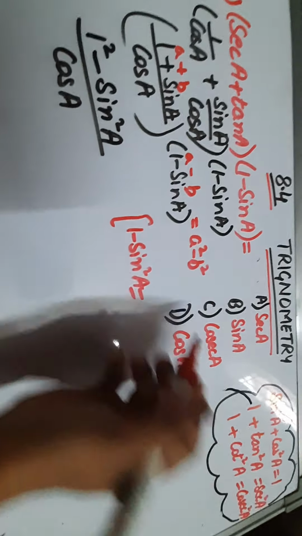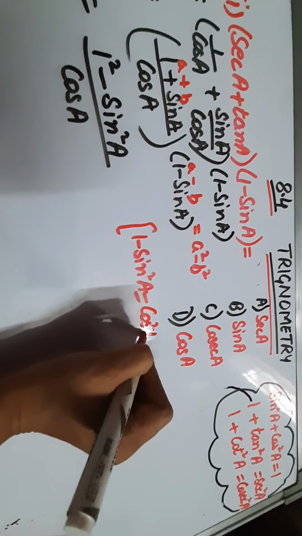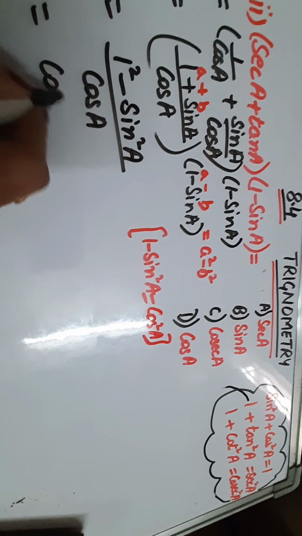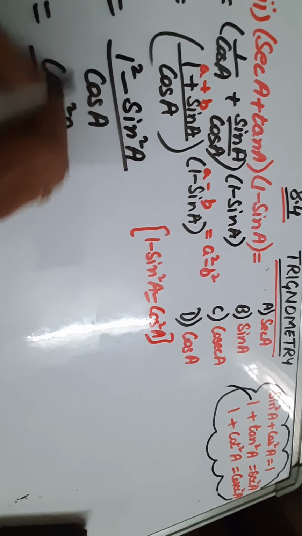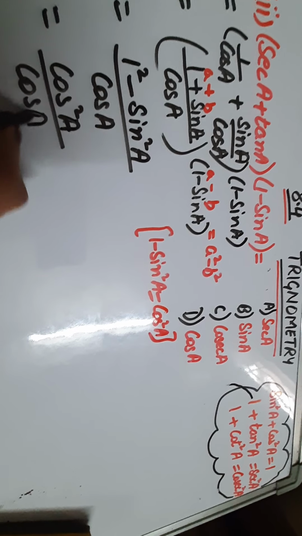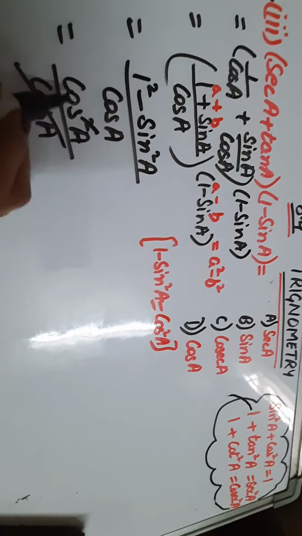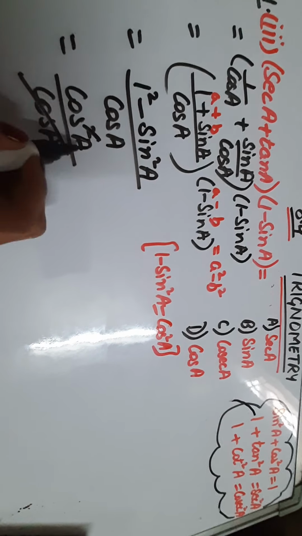What is left? Cos square A. So we can replace this 1 minus sine square by cos square A, and in the denominator we have cos A. So one cos A will be cancelled out by another one, and because square is there, we are left with cos A.